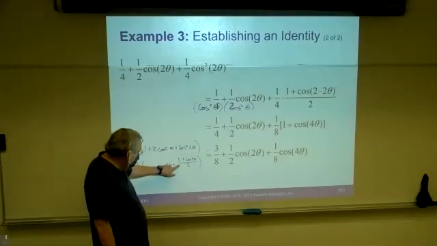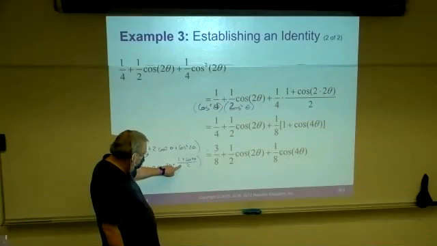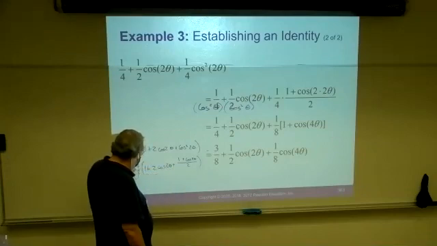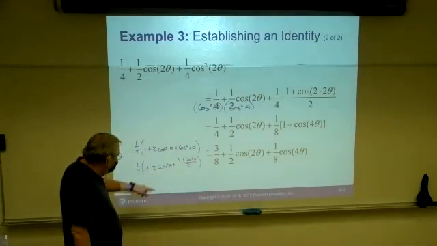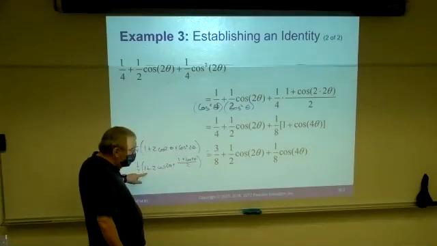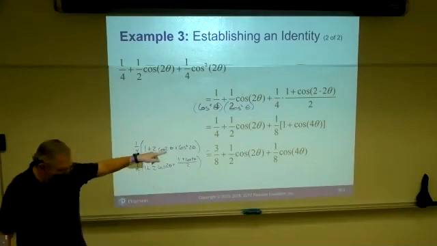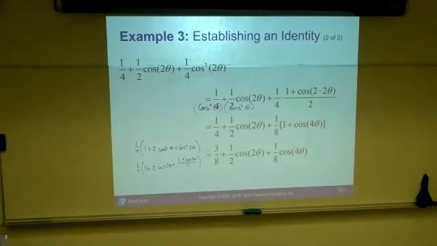Because this would be 1/2 plus 1/2 cosine, and 1/4 times those. And then the 1/2 plus 1 is 3/2, and multiplying everything by 1/4 gives us the same thing I have there. Okay.